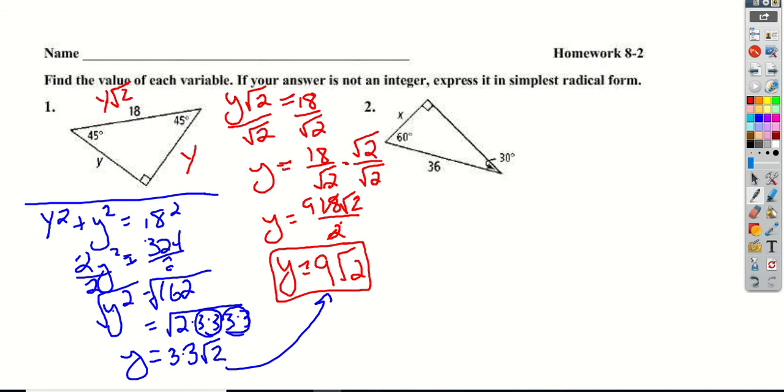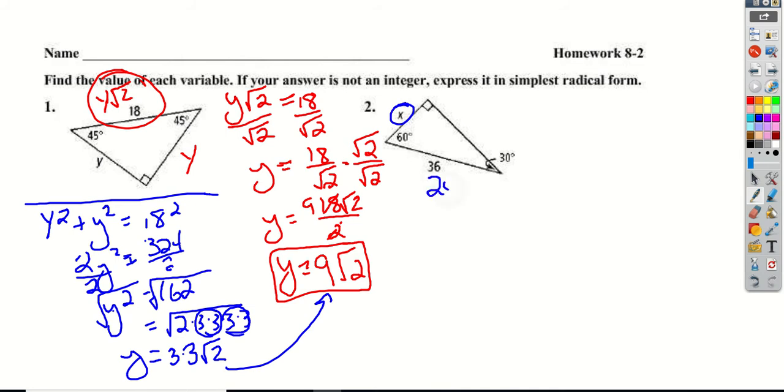The second one is a lot easier. This is really the hardest thing I can give you, where I give you the hypotenuse, except there's no radical 2 there. So I have to figure out what I'm multiplying by to become radical 2, to become this whole number here. So in number 2, you guys can see that I already remember the pattern where they're giving me this is x.